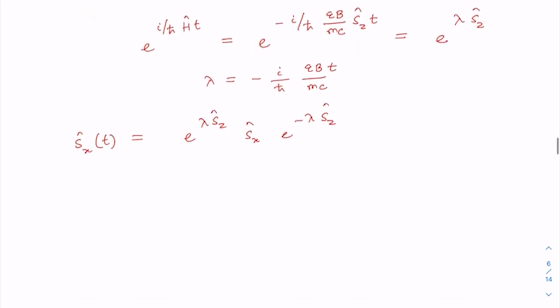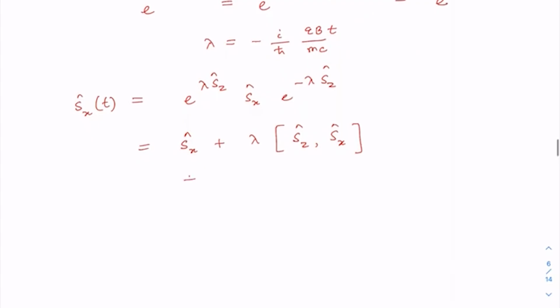Now applying the formula that we utilized in the previous problem, the Baker-Hausdorff formula, we have S_x plus lambda times the commutation between S_z and S_x. Then we'll have lambda squared by 2 factorial, the commutation of S_z with the commutation of S_z and S_x, and so on.